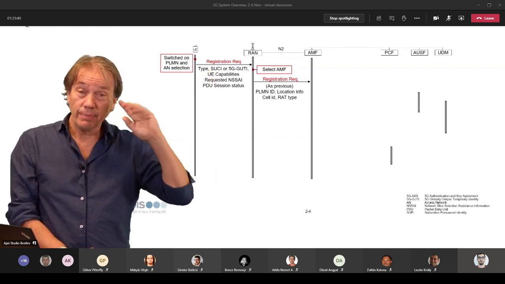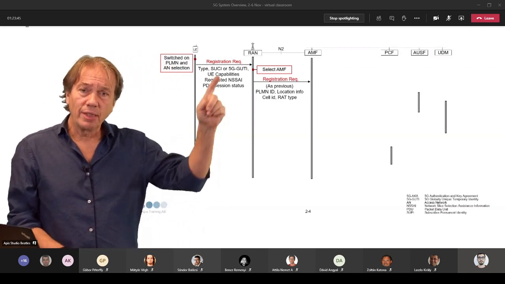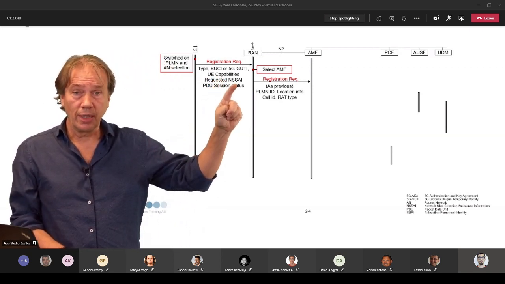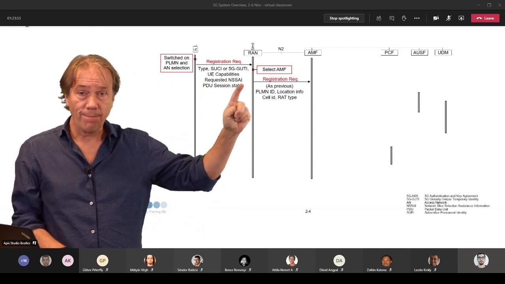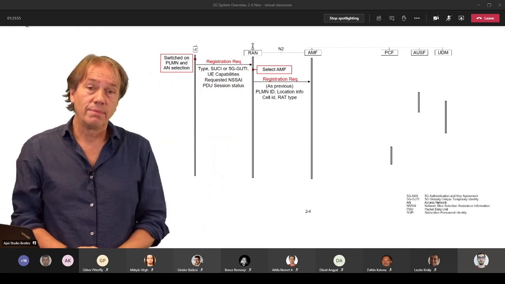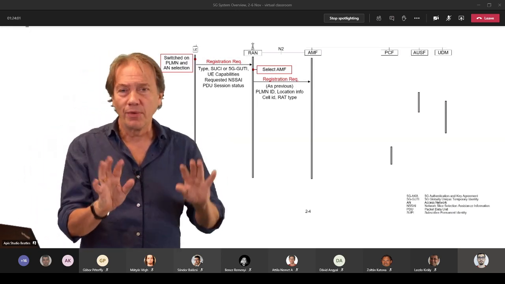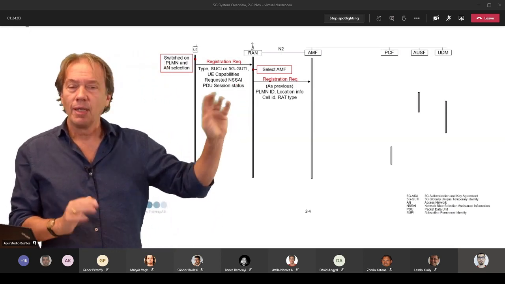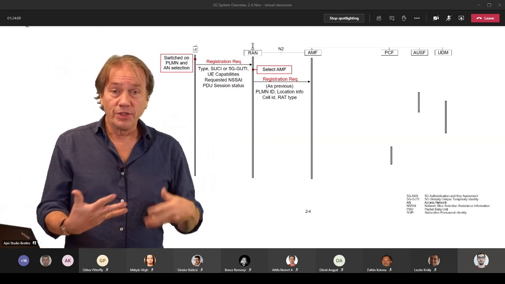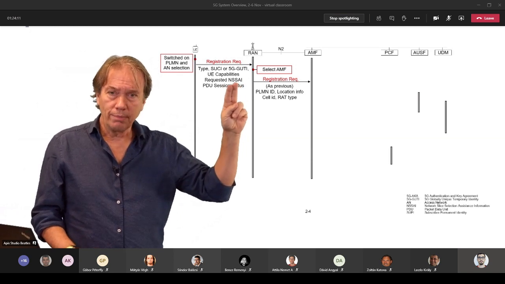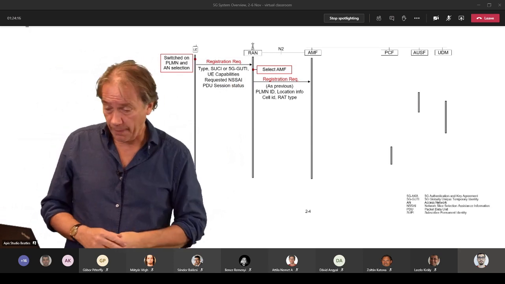And I said yesterday, or maybe it was 2 days ago, that inside the registration request, there is some network slicing information. It says here, requested NSSAI. And when I showed this PowerPoint presentation the first time, I said, don't worry about it. This has to do with network slicing. We will talk about it later. So later is now. So we will see what this means, NSSAI.